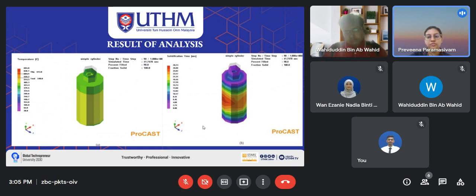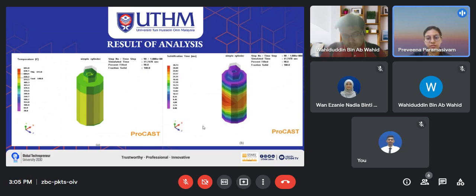As we can see, the first figure is before we run it through the software called ProCAST, and the figure on the right side is the one that we have run after inputting all the parameters.